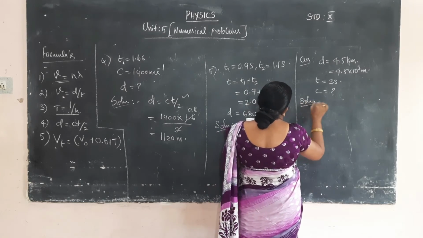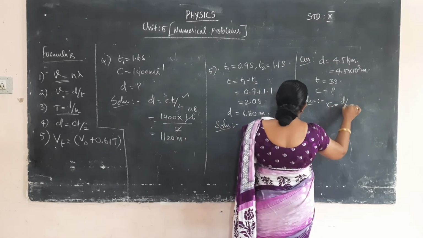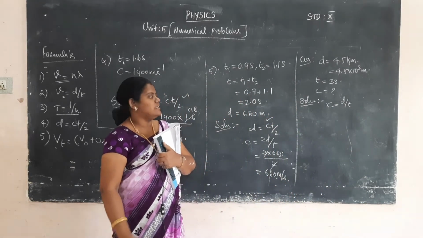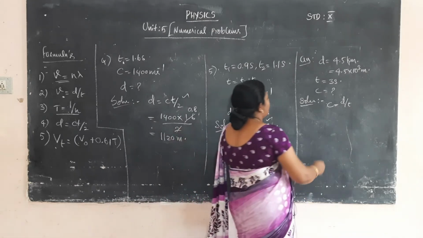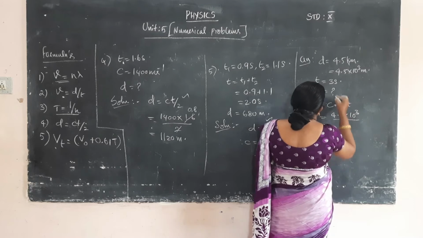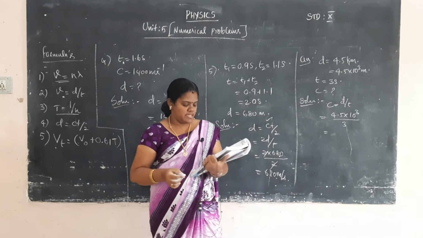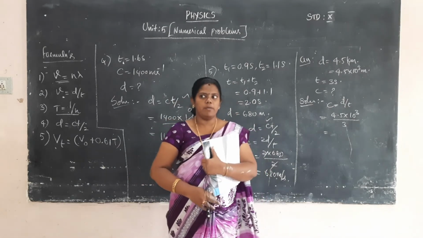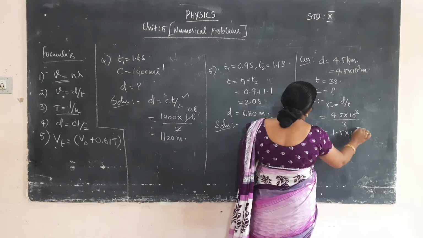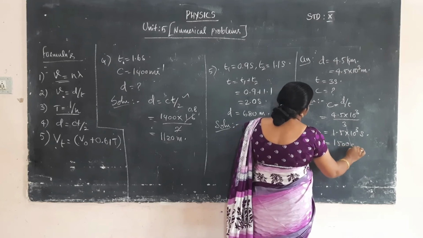Solution: speed of the sound C is equal to rate of change of distance by time, D by T. So 4.5 into 10 power 3 by 3 seconds. 4.5 by 3 is 1.5, so 1.5 into 10 power 3, this is 1500.